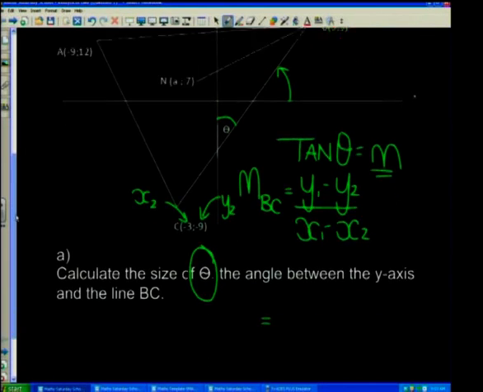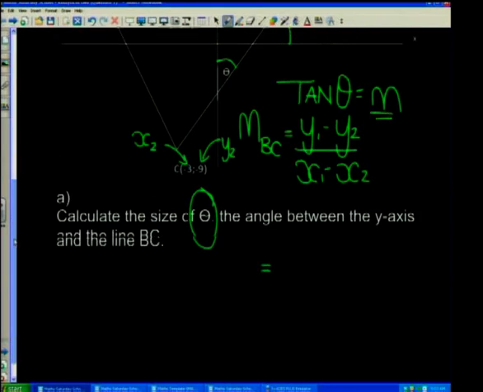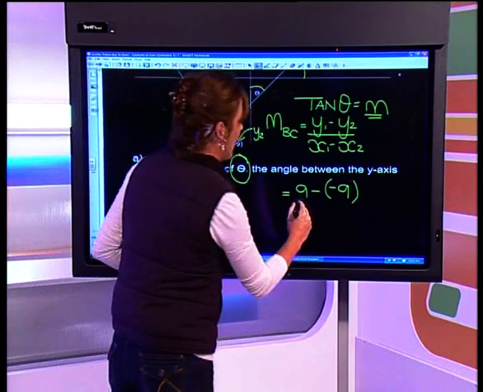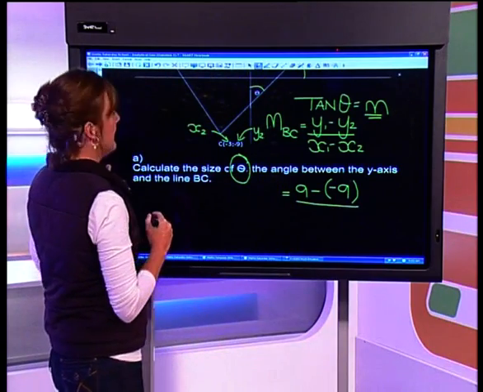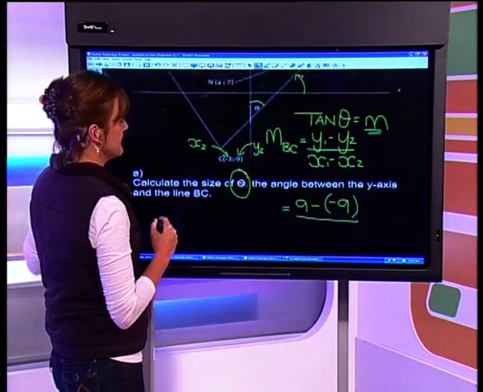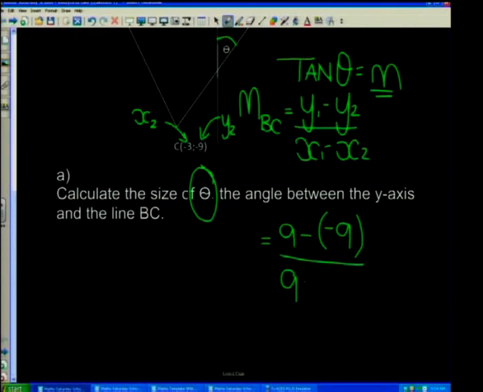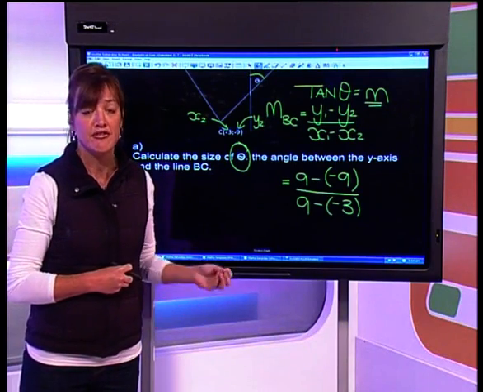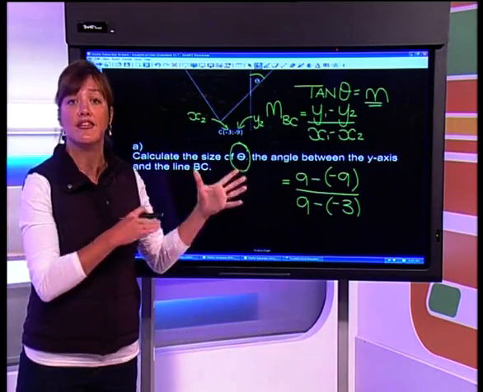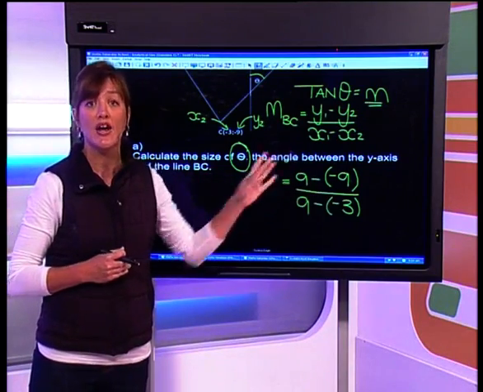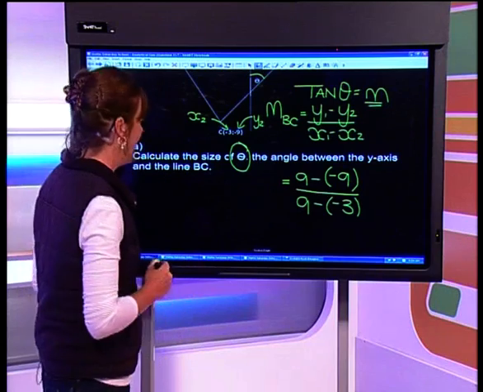So we've got y1, which is 9, minus y2, which is -9. Please don't forget to put that in a bracket. Over x1, which was +9, minus x2, which is -3, and once again, please don't forget to put that in a bracket. Another thing not to forget is that your y's are always on the top. It is always your change in y over your change in x.